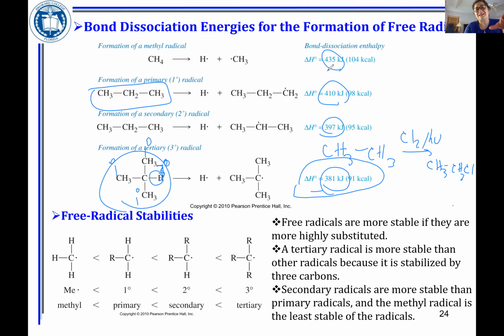And if anything requires more energy, it's going to be slow. If it requires less energy, it's going to happen fast. Because a tertiary free radical is more stable than secondary, more stable than primary, more stable than methyl free radical. So the stability of the intermediate is the cause of the effect on the delta H value and how fast this reaction is going to take place.